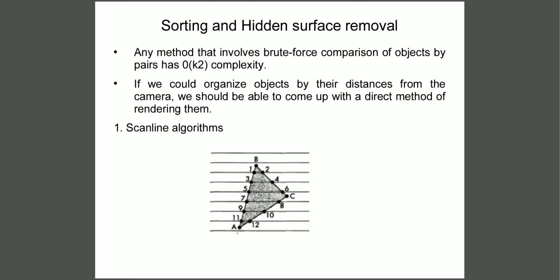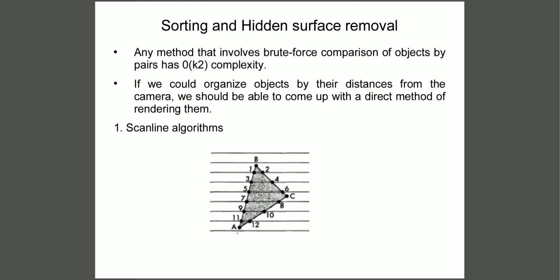The distance between each scan line will be the same as the height of a pixel, equal to the size of a pixel in the frame buffer or on the display.